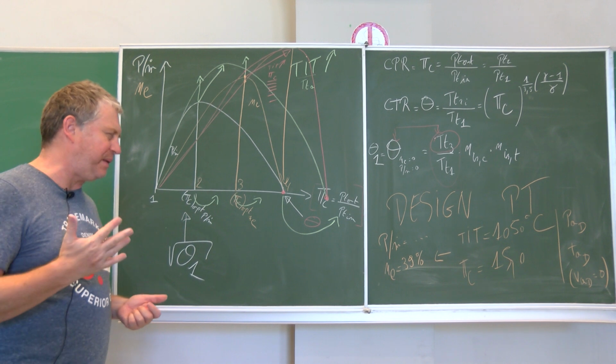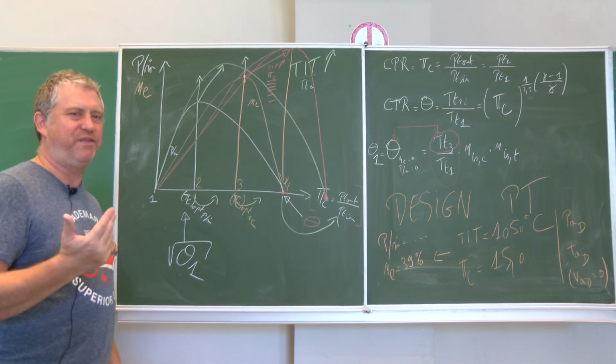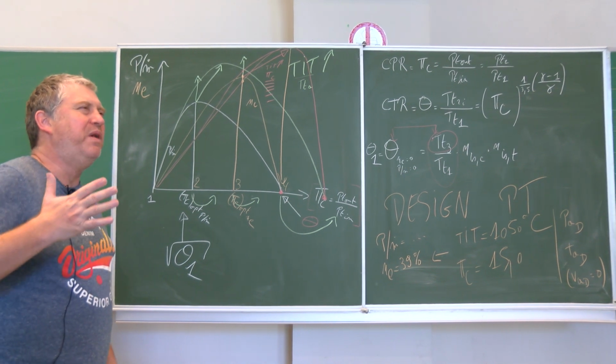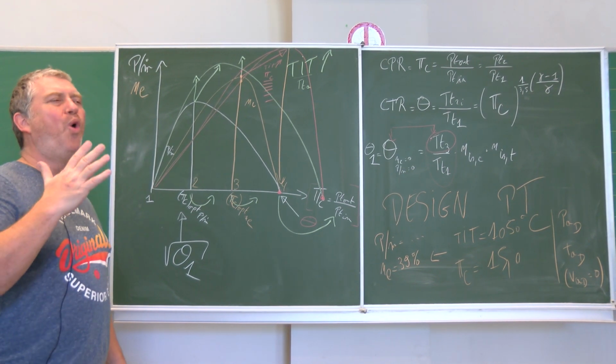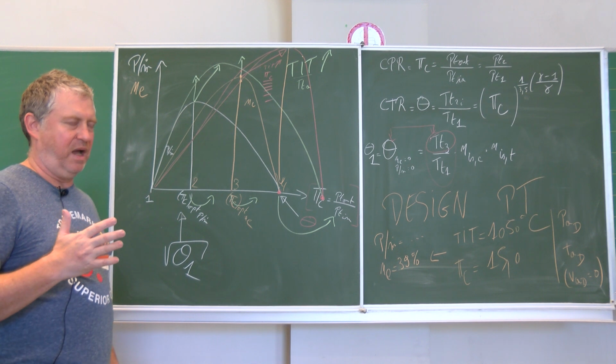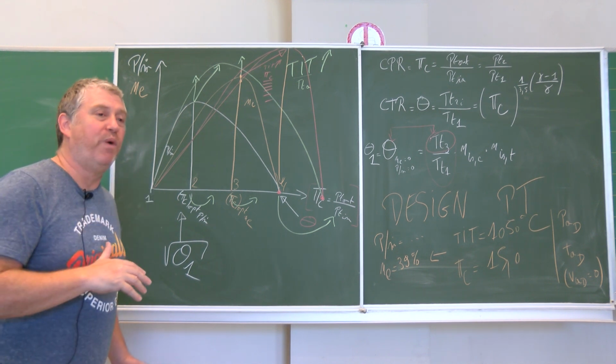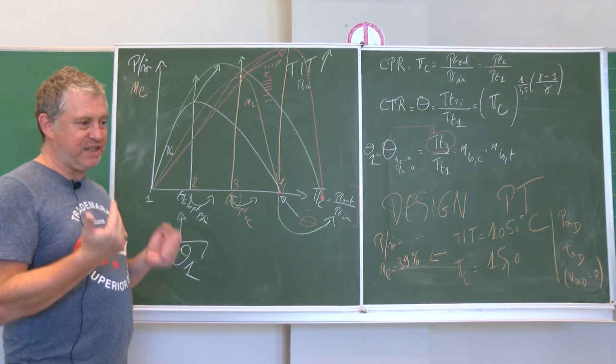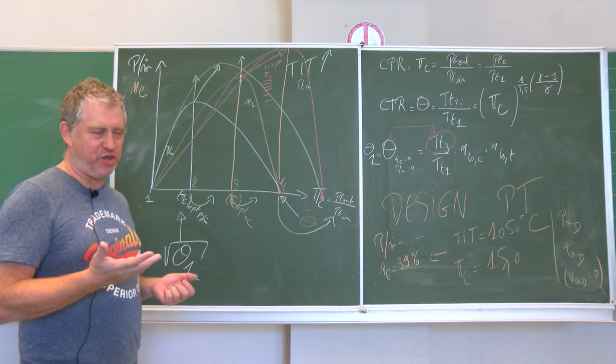If you are at 40%, it's already a quite advanced engine with a basic gas turbine cycle. You will be most probably a bit lower than 40, or much lower than 40 if it's an old engine. Okay? But like this, you can choose your design point.